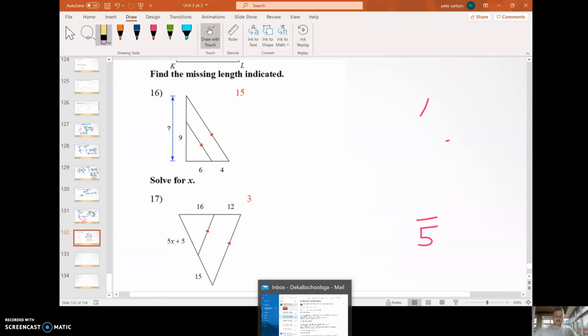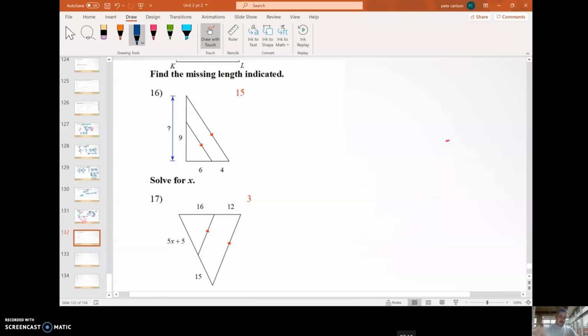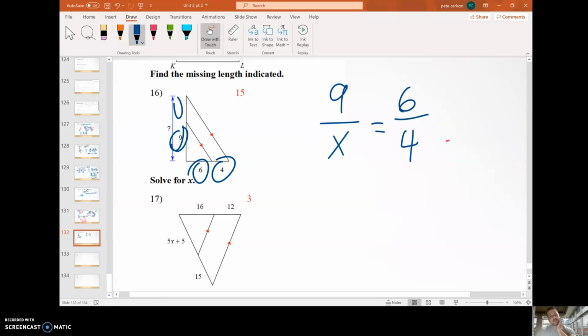They don't rotate the triangle around, but if you did rotate it around, you would say that this would be the top, this would be the bottom. So 9 over your unknown, top over bottom, 6 over 4. And when you cross multiply that, you get 36 equals 6x. So therefore x equals 6.